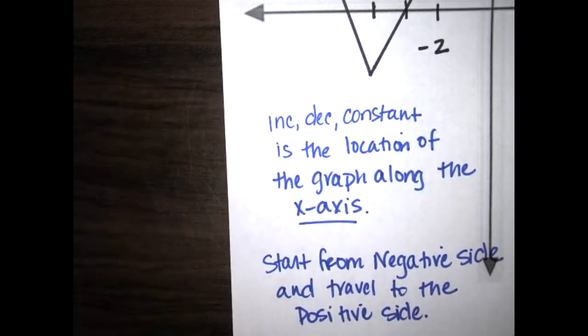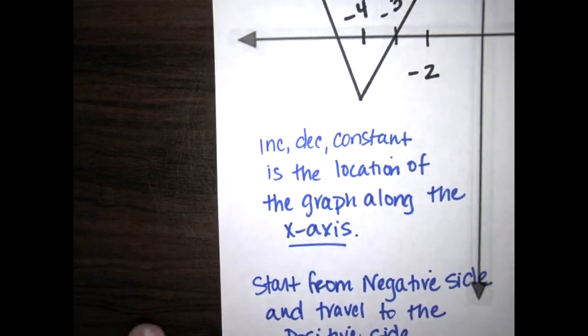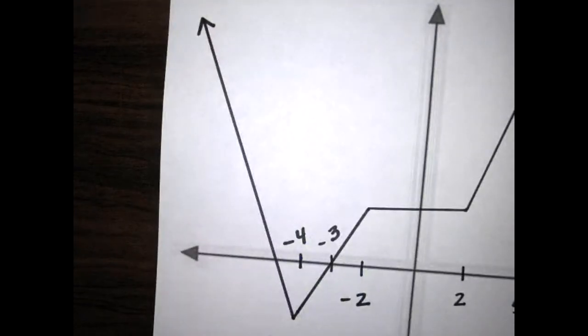Okay, so that's what you're doing. You're starting from the negative-most part of your graph, and you're going to travel along the x-axis to the positive-most side. And we have to be able to tell along the x-axis where your graph is positive, where it is negative, or where it is increasing, where it is decreasing, and where it is constant.